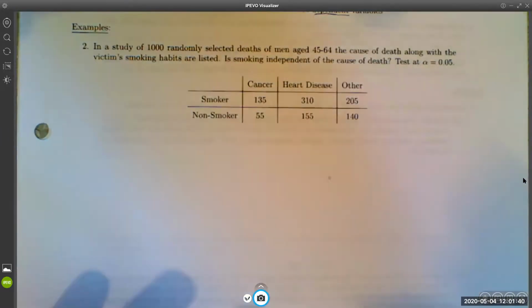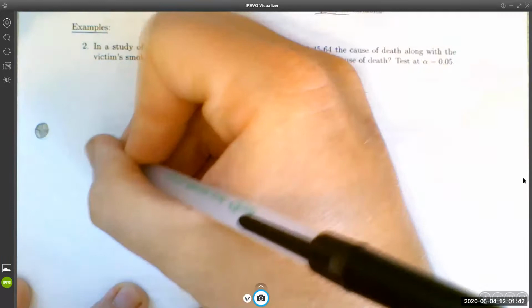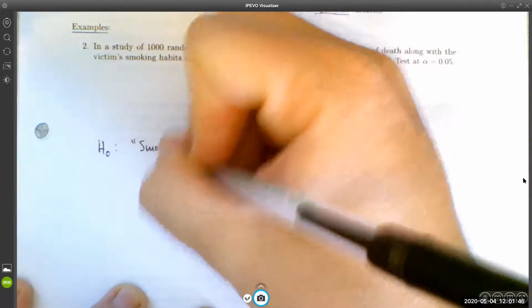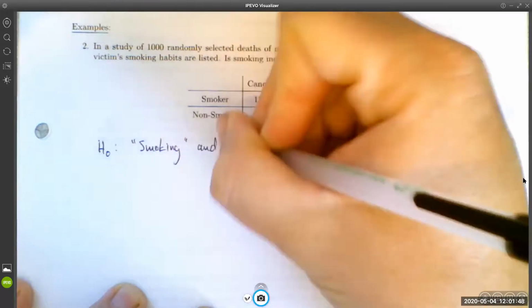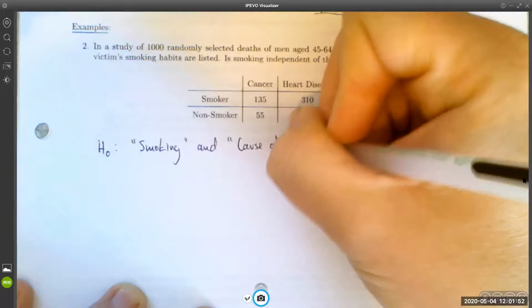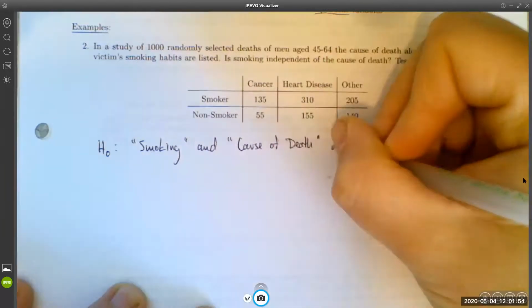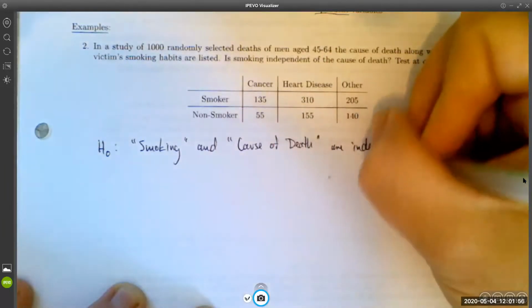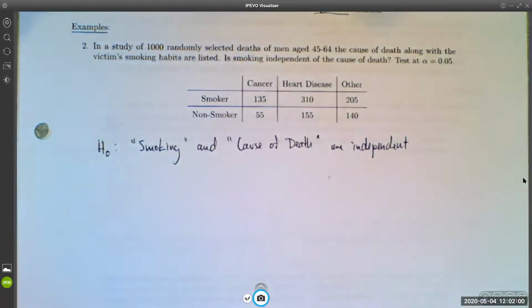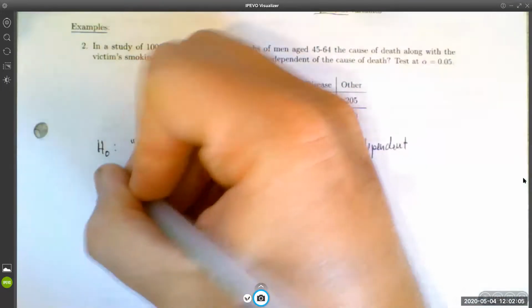Well, so let's see. The null hypothesis is that smoking and cause of death are independent. They have nothing to do with each other, right? What we're trying to do is show that there's a link between smoking and cause of death. So that's going to be our alternative hypothesis.